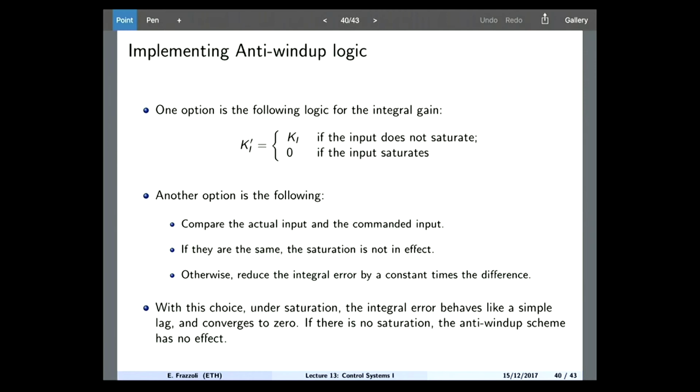Under this choice, whenever you're saturating, the integral error behaves like a simple lag and converges to 0. Eventually your integral error will converge to 0, saying, well, there's nothing I can do, so stop getting mad. Just accept the fact that you cannot meet that particular reference. If the linear input and the saturated input coincide, that is, the linear input is below the saturation, then this thing has absolutely no effect.